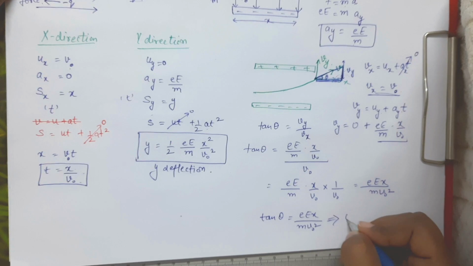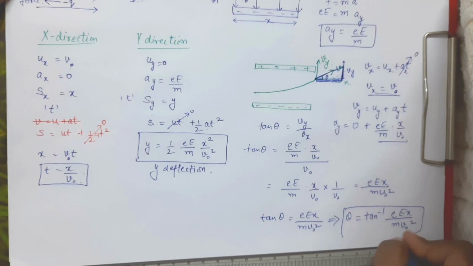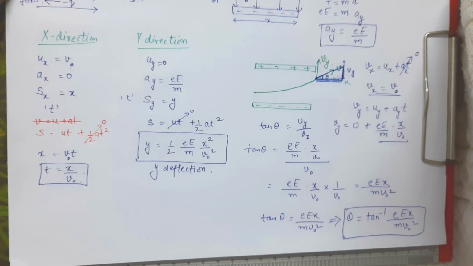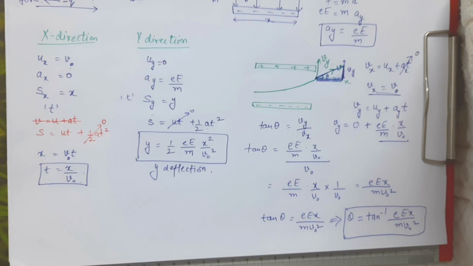So from here you can get theta equals tan inverse of ex by m v naught square. This will be the value of theta, right? Now this is the theta.